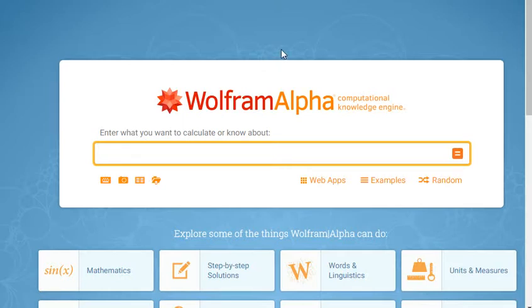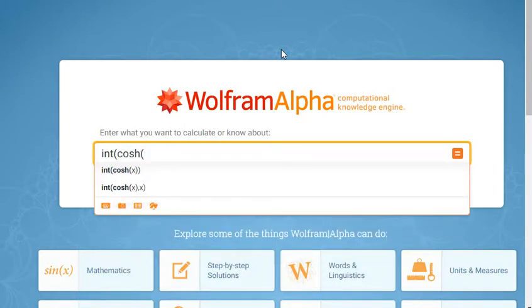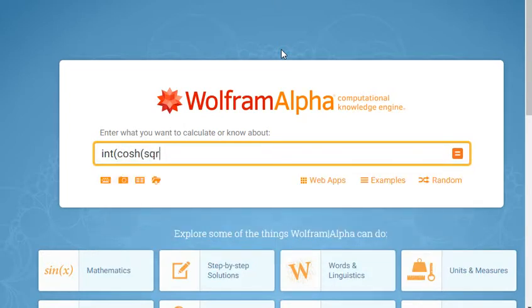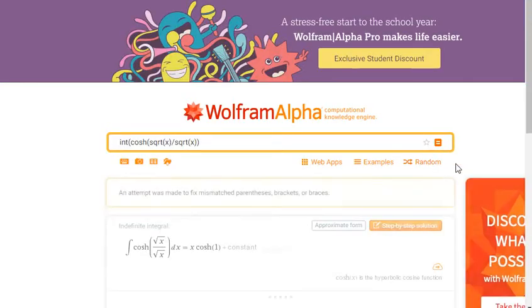Of course, the answers are in the back of the book, but the way you type this one in, you'd be integral, int, and then you've got to type in the function cosh of the square root of x divided by the square root of x. And I think that should do it. Let's see what it gives us.